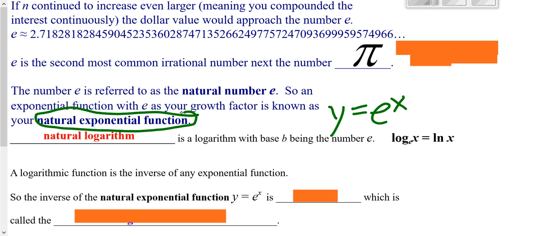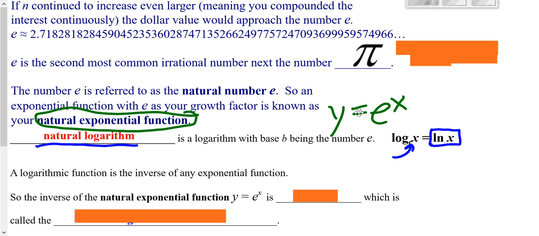So if you're using a logarithm with base e, like we are here, log base e of x, we would write that as ln of x. That's referred to as your natural logarithm. And you'll have an ln button on your calculator, which is just below your log button.